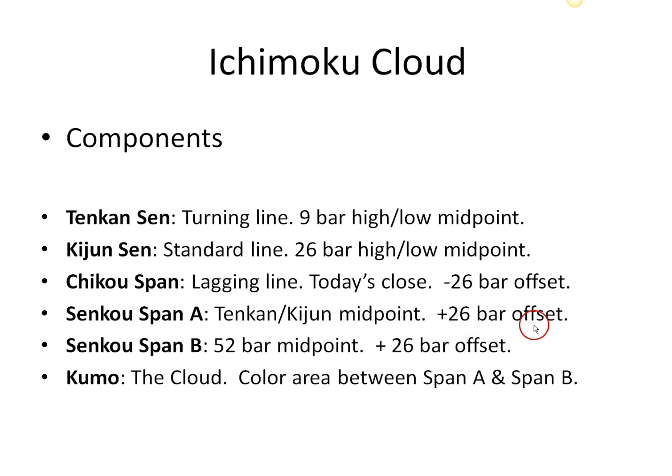It's plotted 26 bars forward. And the Senkou Span B, which is a midpoint of a 52-bar high-low range, and that's also plotted 26 bars forward. And the Kumo is the shaded or colored area between Span A and Span B.